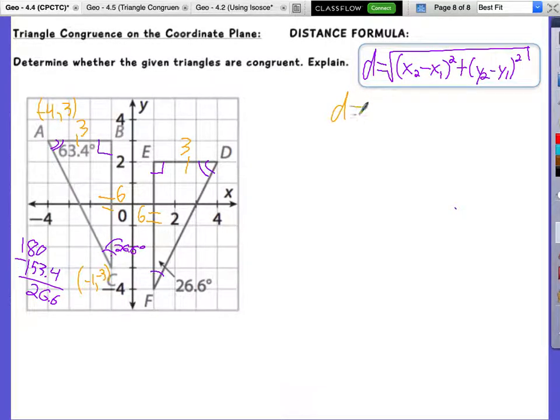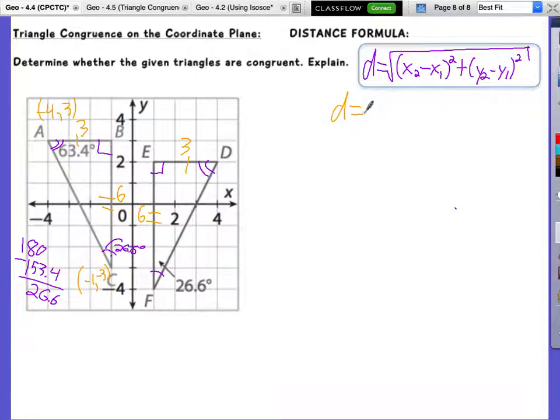So the distance for AC, yes, Ian? So how can it, like what we just wrote down, if two angles match, why can't that become lines? Because all the angles have to add up to a certain measure, but all the sides don't have to add up to anything specific.